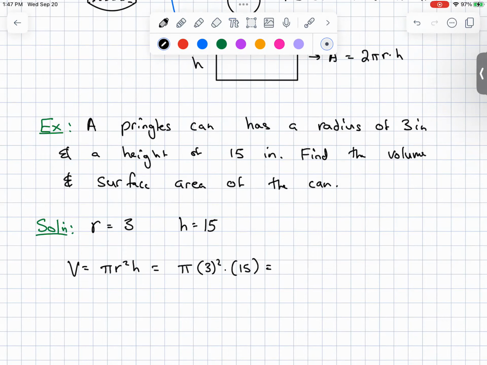We're going to use 3.14 here. So 3.14 times 9 times 15 is 423.9 inches cubed.